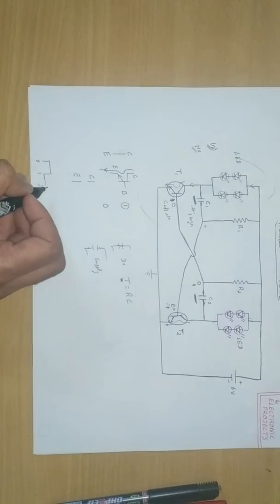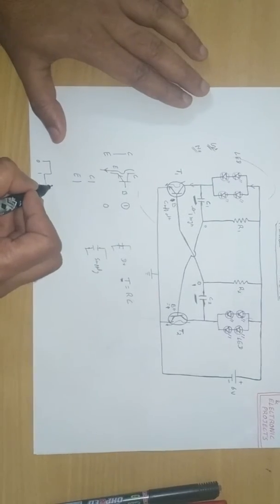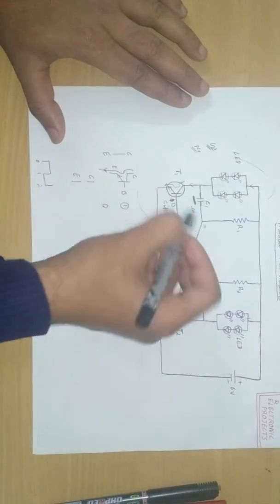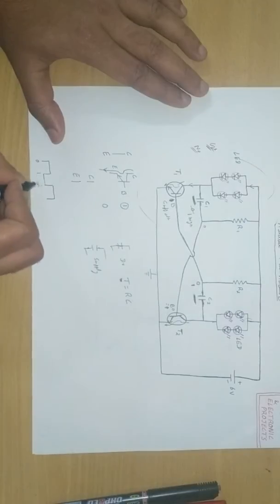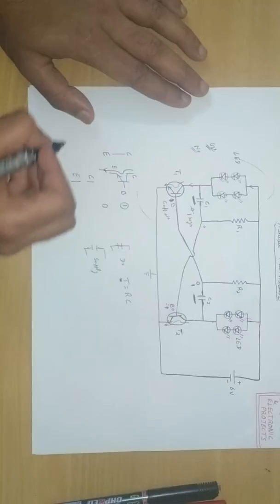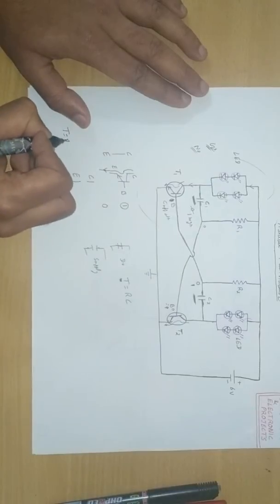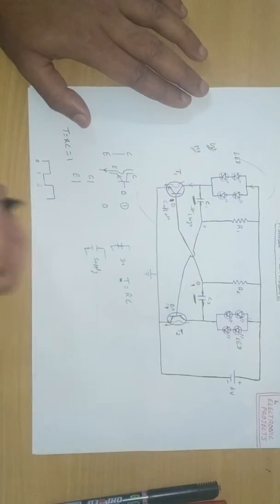After time t2 it operates again, and from t2 to t3 we say the time period is 1. We also say that t is equal to RC is equal to 1.